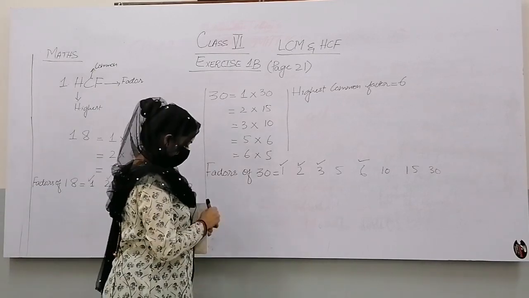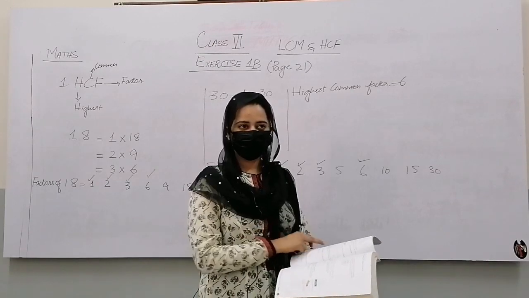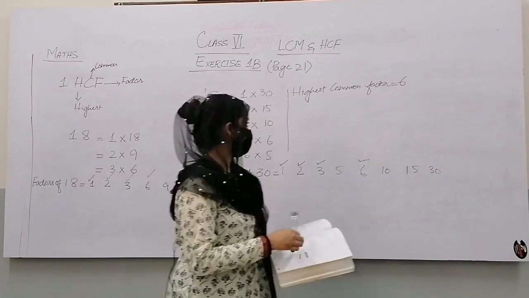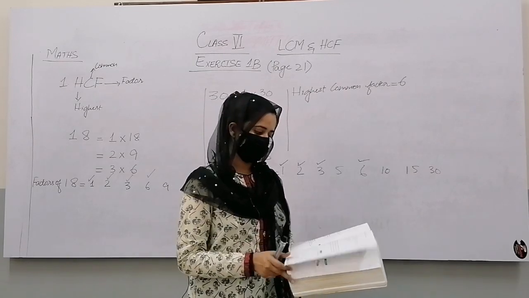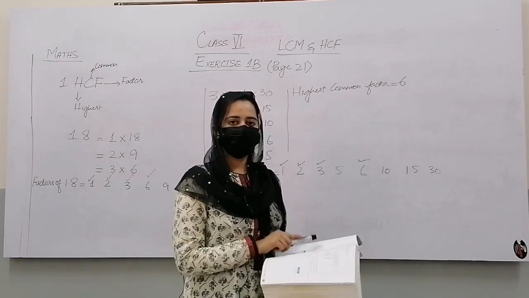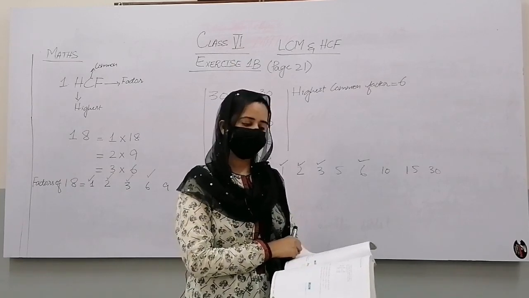And this procedure is called listing method. We are not going to do the question using listing method. We are going to do the question using prime factorization. We will find HCF with prime factorization, then we will find LCM using prime factorization.